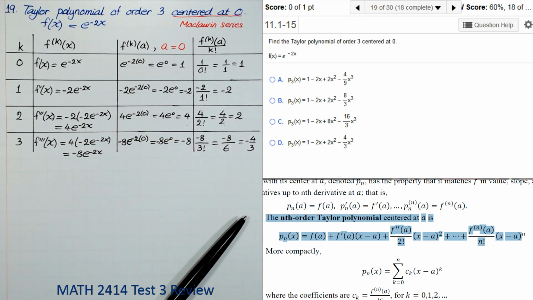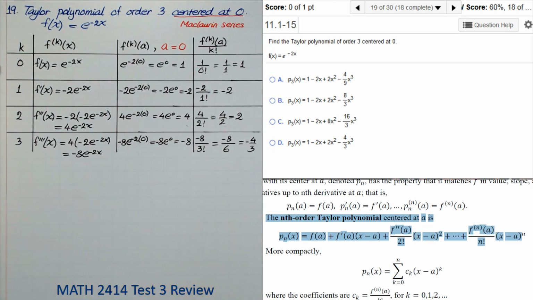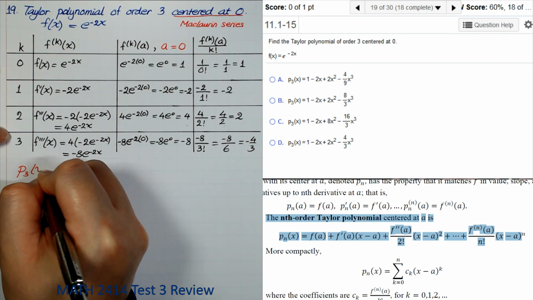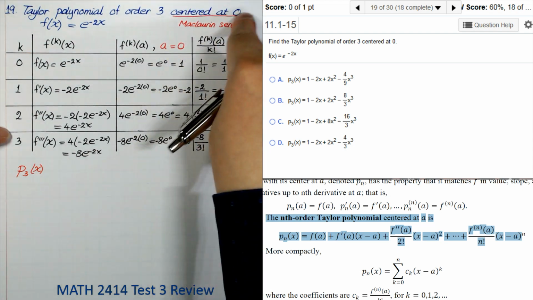Right, so that looks like the last answer, but let's put in the Taylor series, order 3, centered at 0.